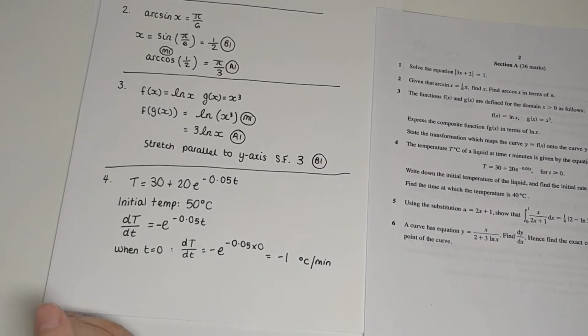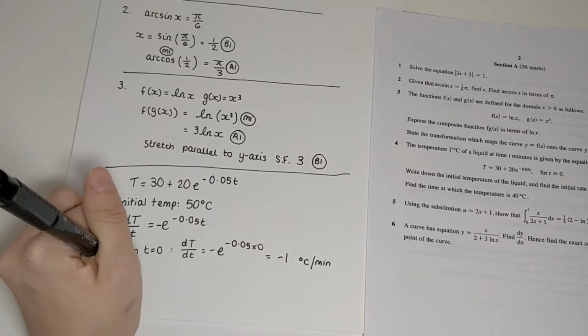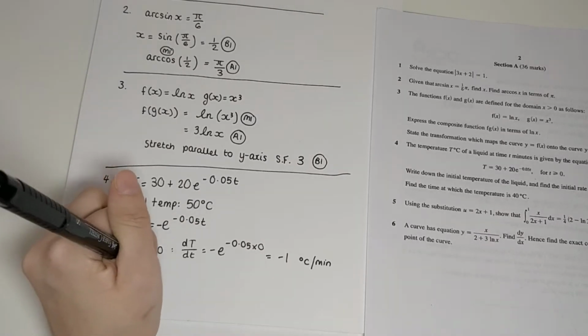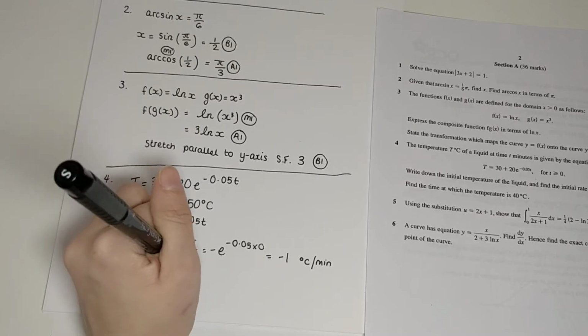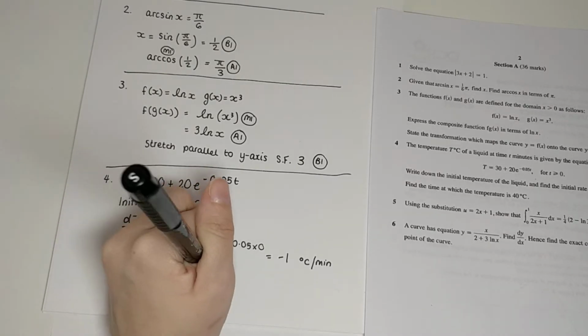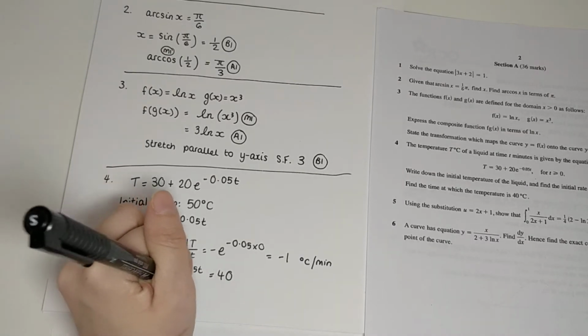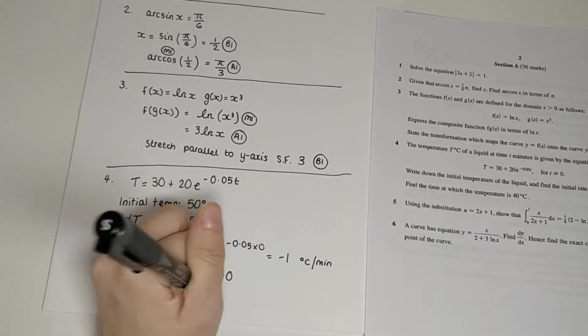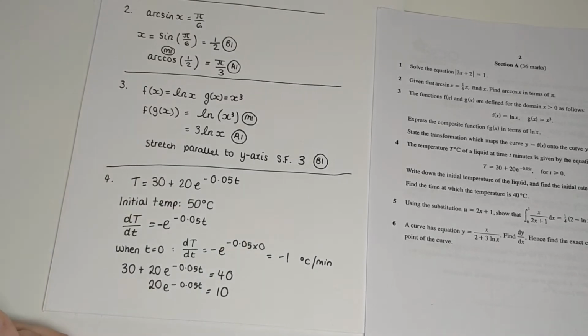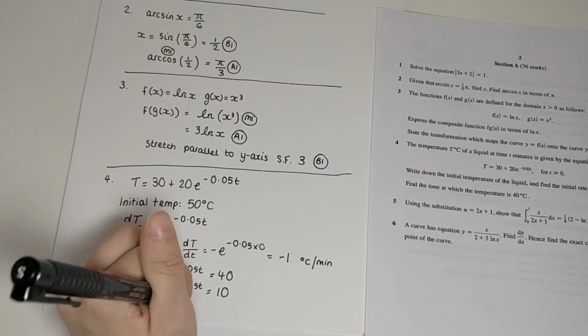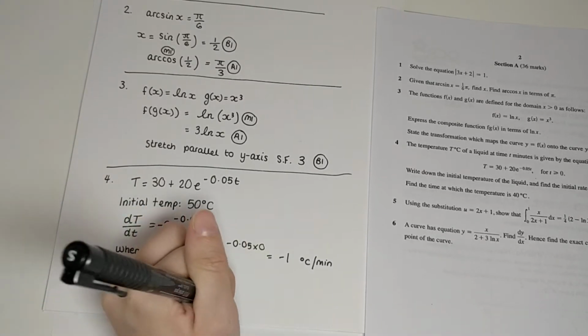Find the time at which the temperature is 40. Okay, so I want 30 plus 20 e to the minus 0.05 t to equal 40. So let's just solve this equation. Equals a half.